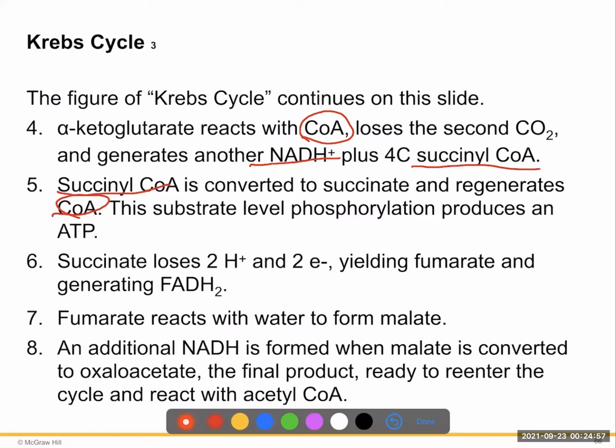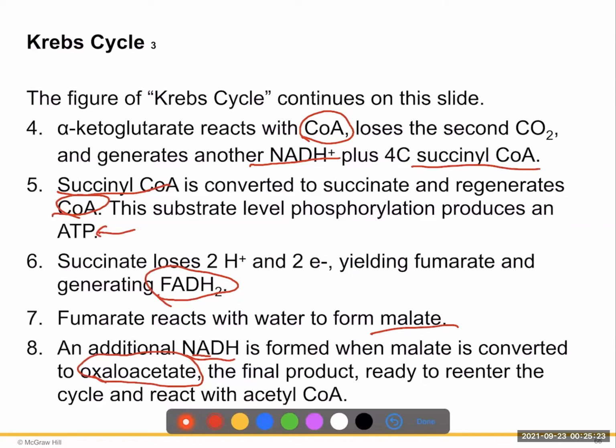This phosphorylation produces ATP directly. It produces an ATP. The succinate loses 2 H plus and 2 electrons, and this goes to FADH2. Again, another electron holder. We can transfer electrons down to the electron chain. Fumarate reacts with water to form malate, and then additional NADH is formed when malate is converted to oxaloacetate. Remember, oxaloacetate was what we started with. So we regenerated what we started with.